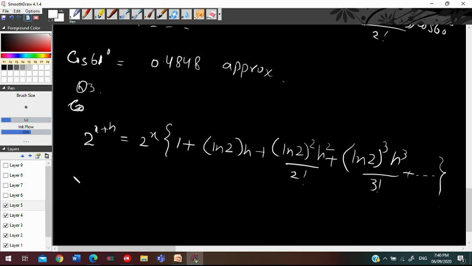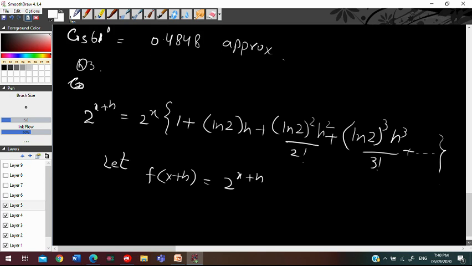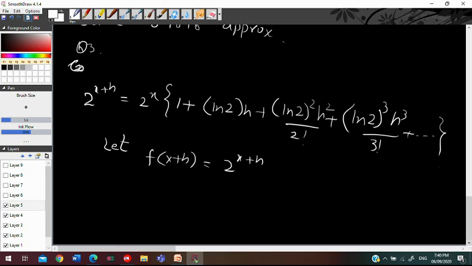So what you have to do, just take f of x plus h is equal to 2 power x plus h, right? And it means that f of x is equal to just 2 power x, no h.